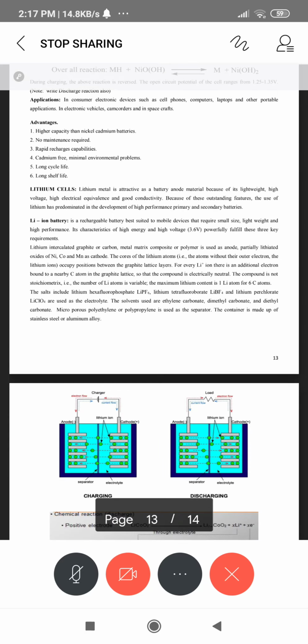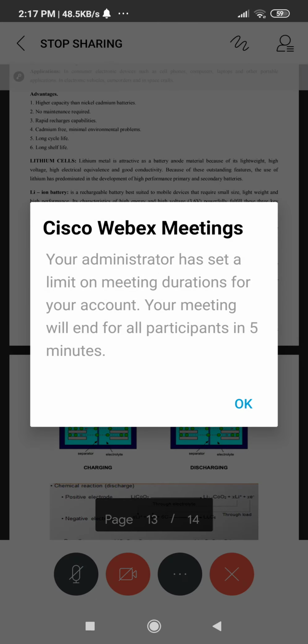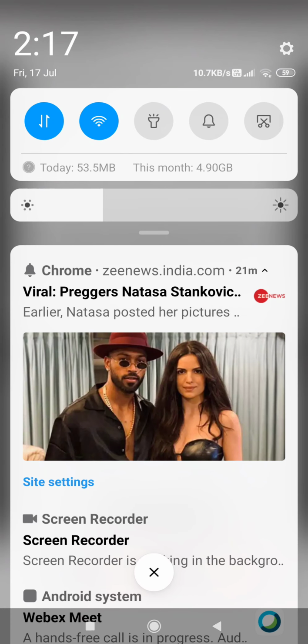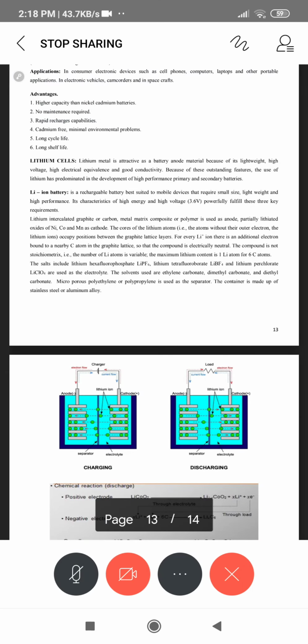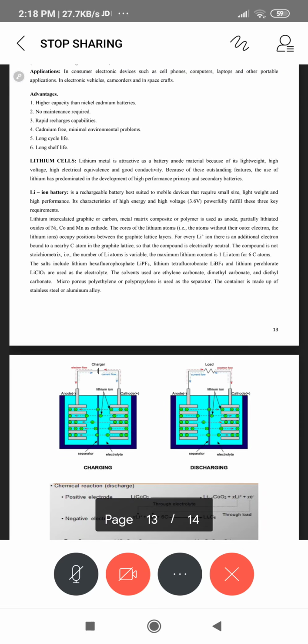The anode is made out of lithium carbide, and the cathode is made out of lithium cobalt oxide. In lithium carbide there is more percentage of lithium and less percentage of carbon, acting as the anode. The cathode has less percentage of lithium and more percentage of cobalt oxide.